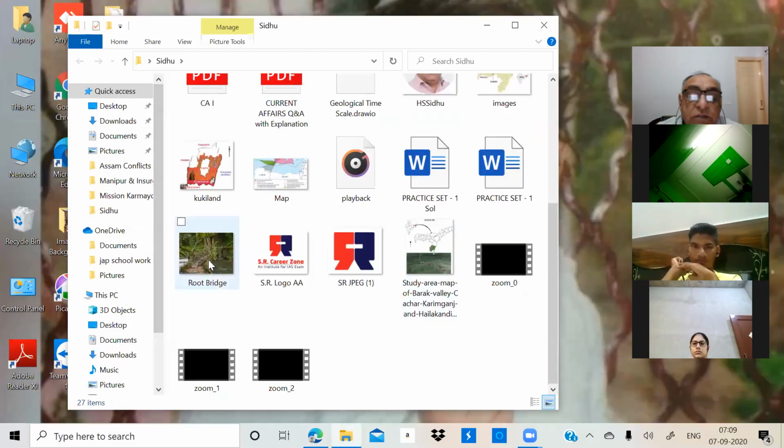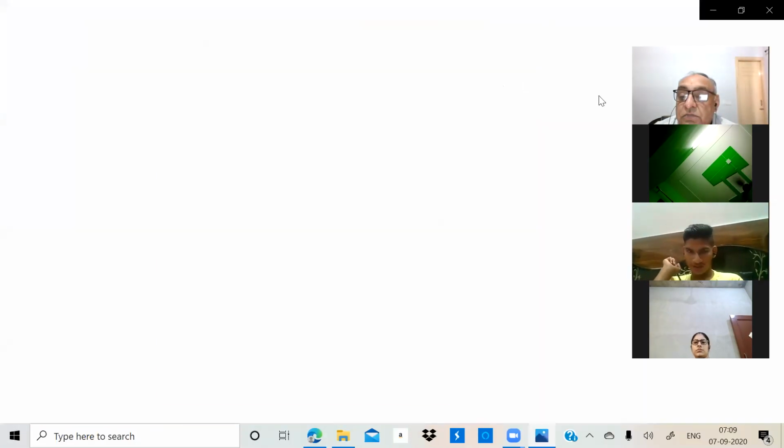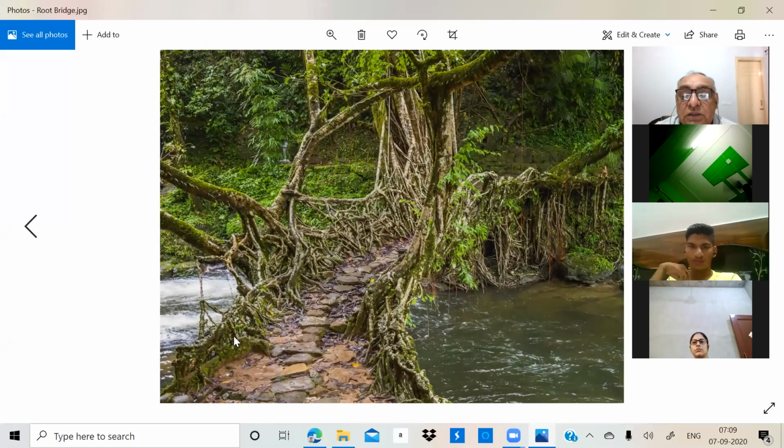Is my desktop visible to you? Yes, sir. So beta, this is the root bridge.